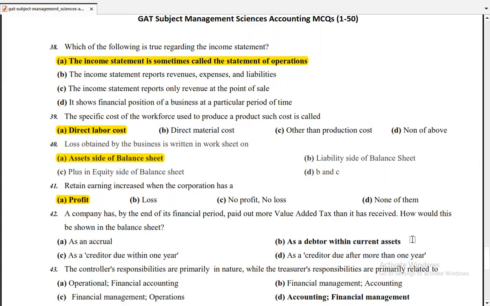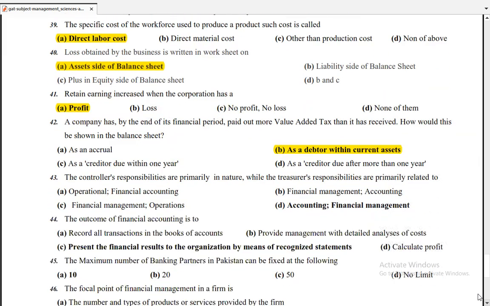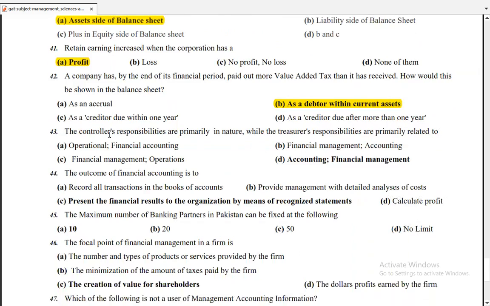As a debtor within current assets. The controller's responsibilities are primarily accounting in nature, while the treasurer's responsibilities are primarily related to financial management. The outcome of financial accounting is to present the financial result of the organization by means of recognized statements.